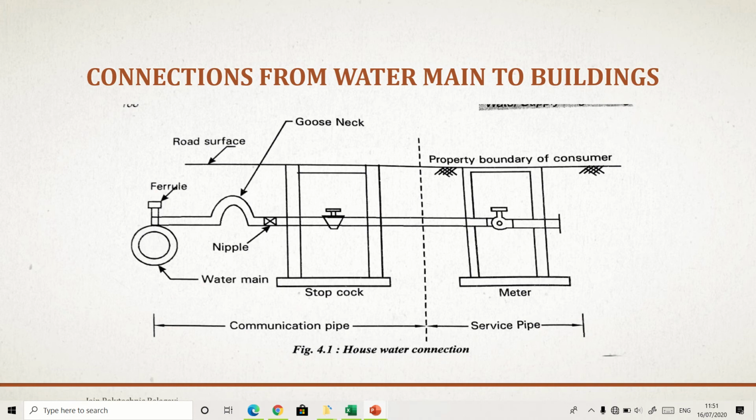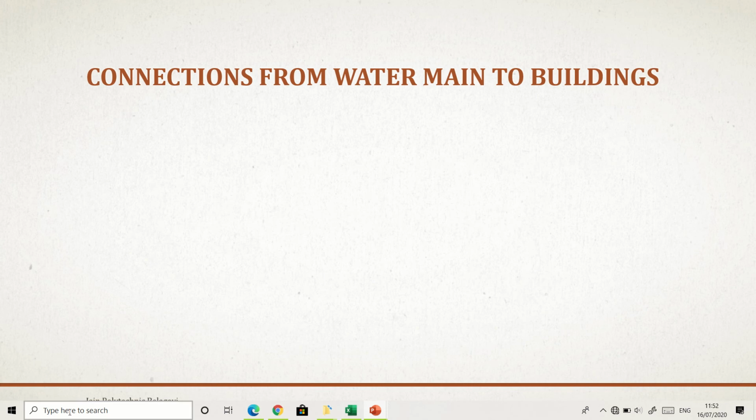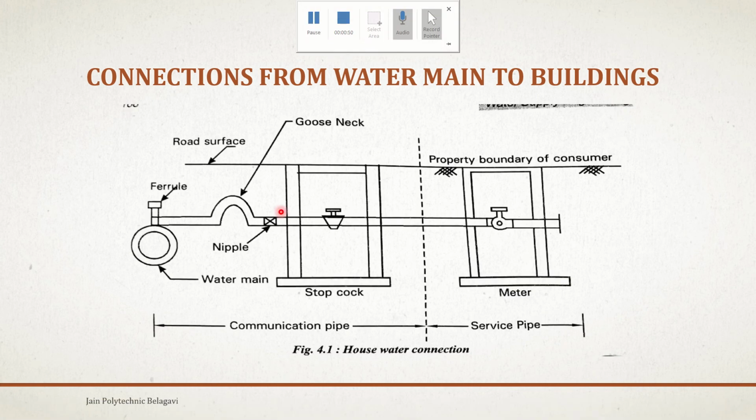It is a simple layout where the main water is connected to your respective water meter. First, we have a water main and it is being connected to a ferrule.